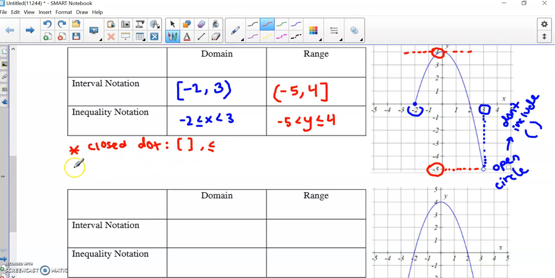If we have an open dot, then we use parentheses and we don't use the equal to bar. And for reference, this is a closed dot, this is an open dot. I would really note that down in your notebooks.